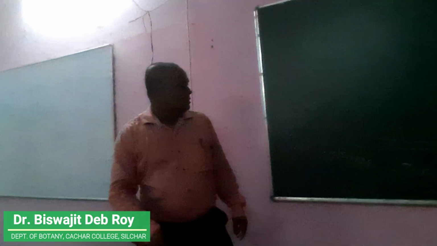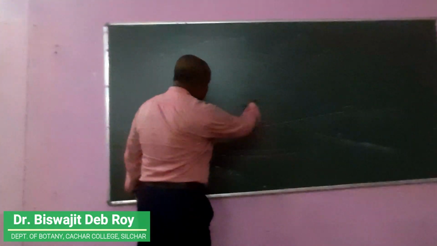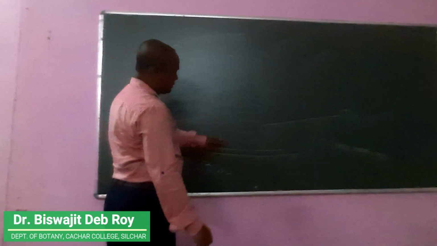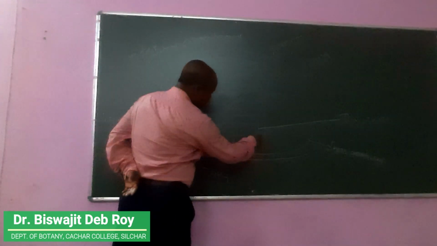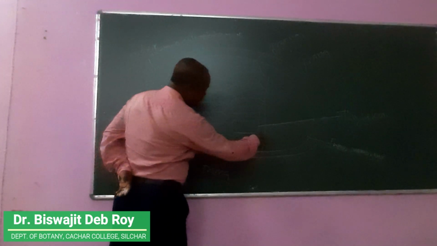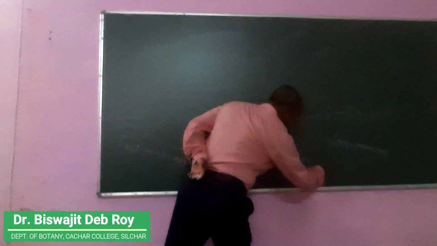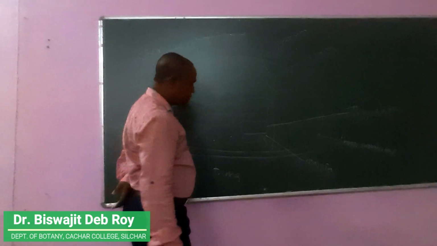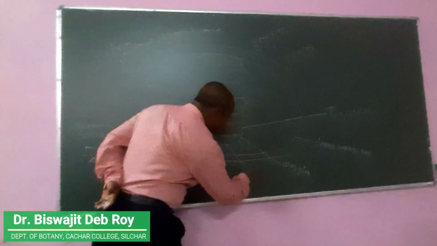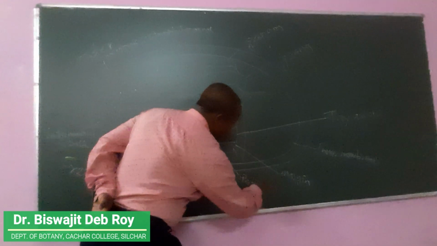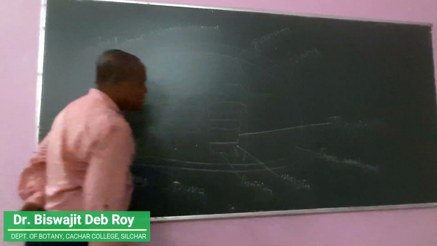Then this has particular importance: these ends are called the margin of the thylakoids, and these are called the partition of the thylakoids. These are called partition and these are called margin.